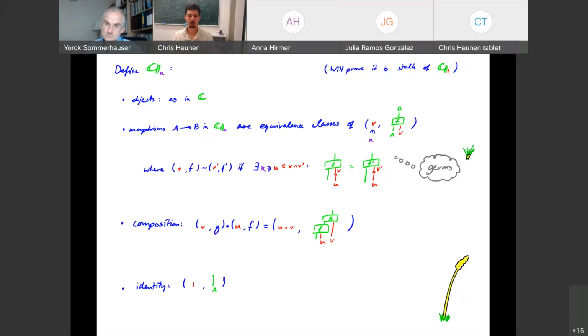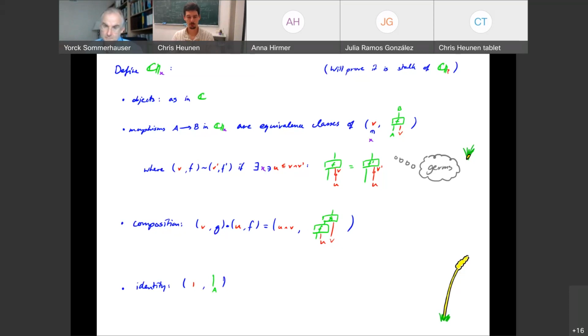In other words, two representatives, two local sections if you like, F and F prime, are identified when they act the same on some smaller part that is contained in both V and V prime. So this is really mimicking the definition of germs of functions, local sections of set valued sheaves, but for monoidal categories. So this is just a definition of morphism.